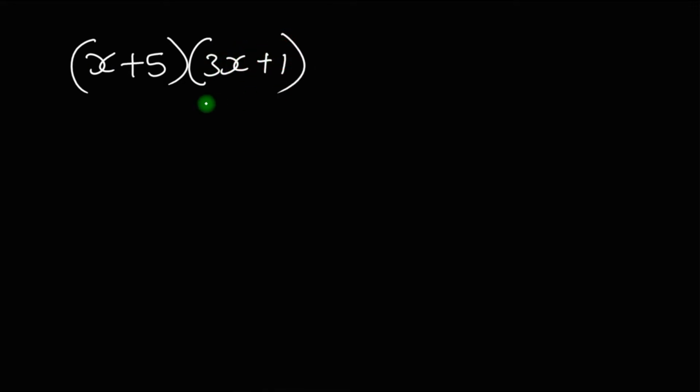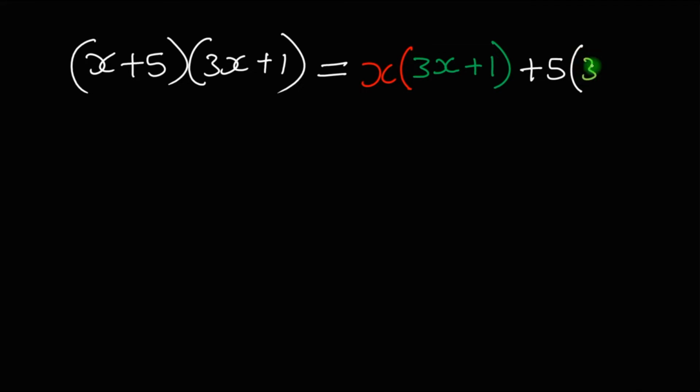In the expanded form, this will be x multiplied by what is in the second bracket, 3x + 1, again plus 5, that's the second element in the first bracket. We multiply by what is in the second bracket, 3x + 1.